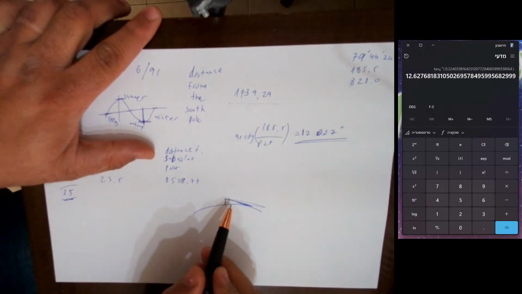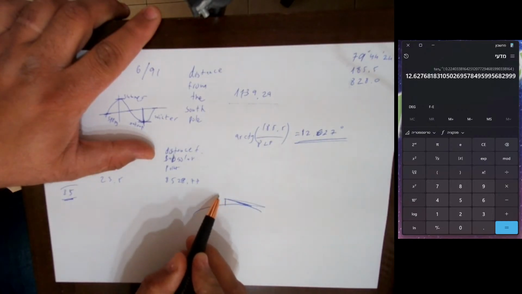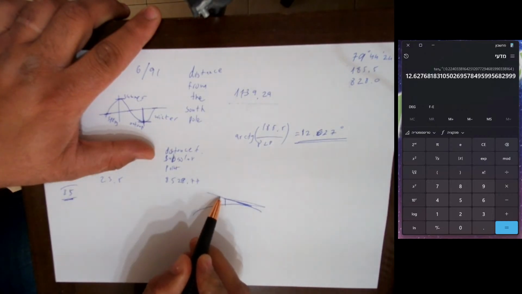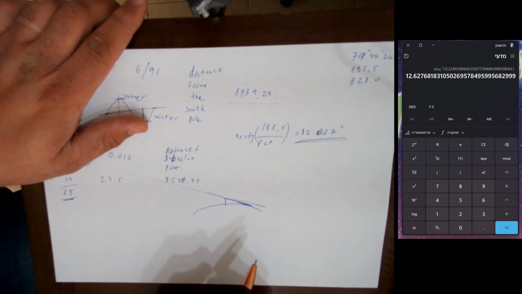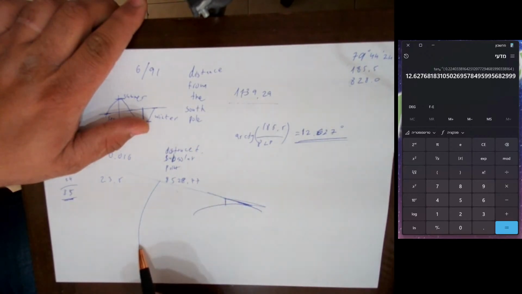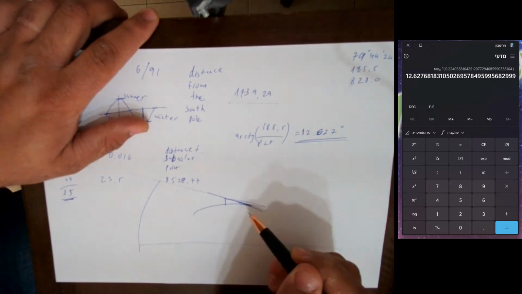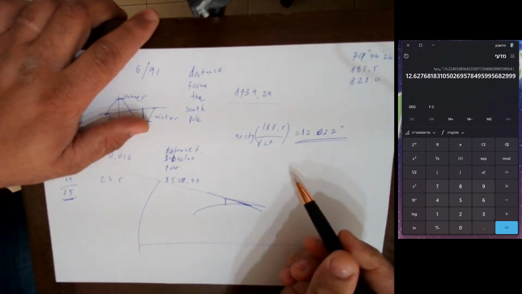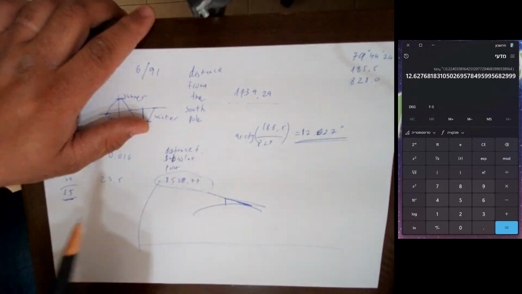And we need to calculate, okay, the sun is about here, and we have this part of the globe, this arc of the globe. So if this is 12 degrees, we'll subtract it from 90 and we should get this distance.